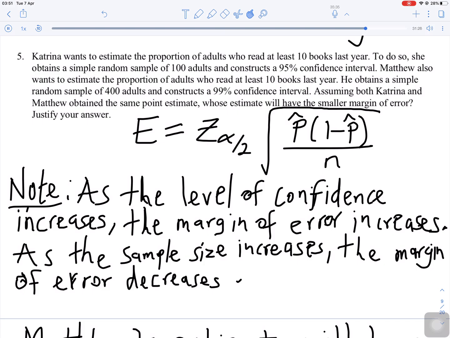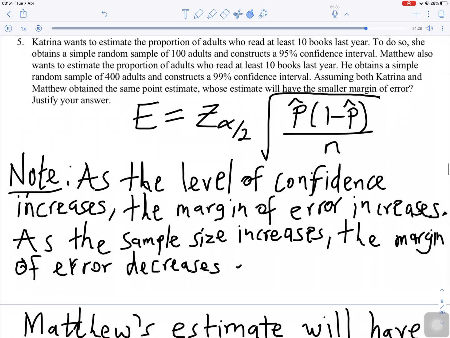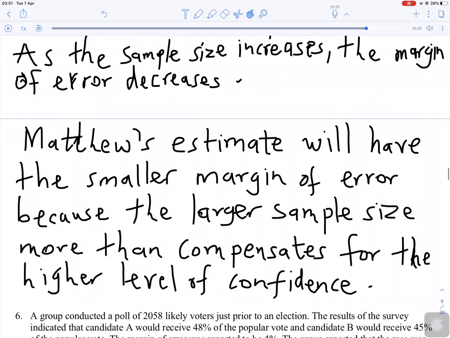But look at this. Matthew's estimate will have the smaller margin of error because the larger sample size more than compensates for the higher level of confidence. So even though Matthew has a higher level of confidence and therefore should have the larger margin of error, his sample size is way higher.